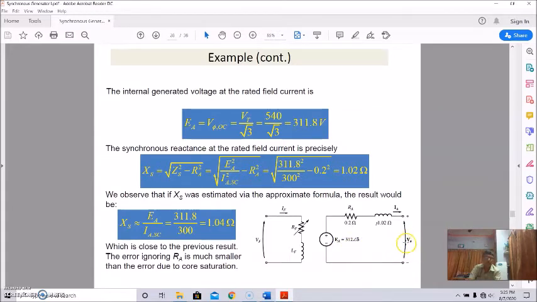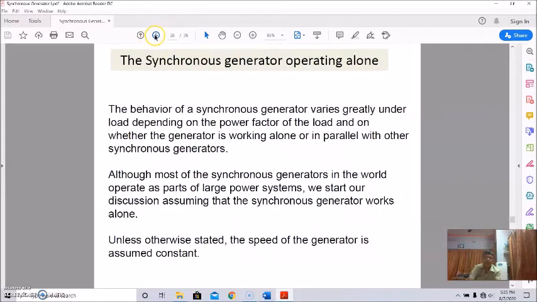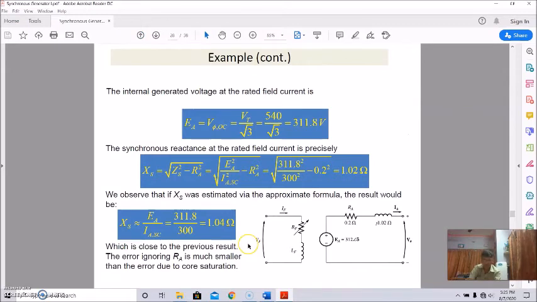So this is the equivalent circuit. Clear? That is the problem on the equivalent circuit which we discussed in our last class.